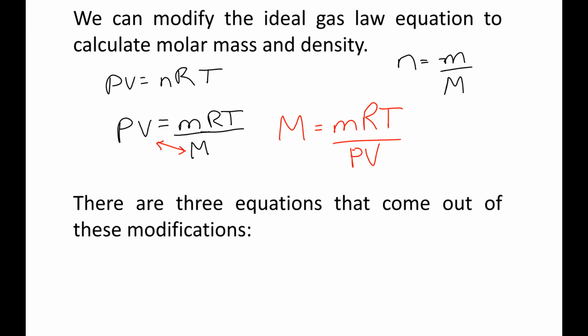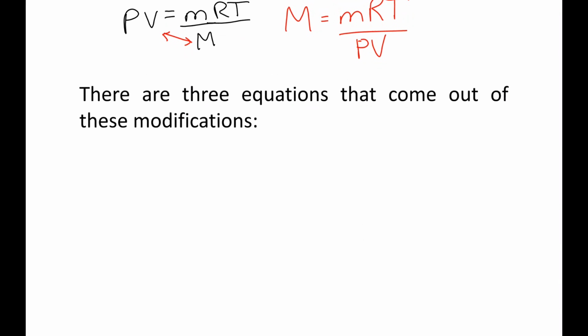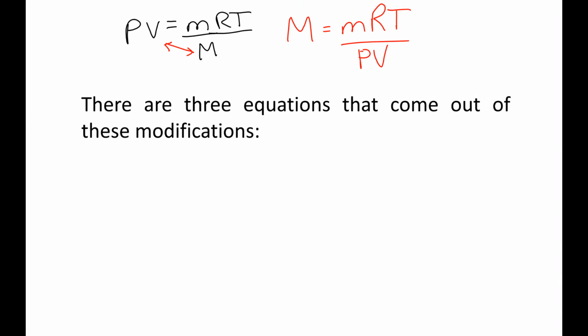Now, after all is said and done, because I'm not going to show you how to move around the things anymore, there are three equations that come out of these modifications. So let me move this up here. We have one of them. The first one, of course, is M equals little m RT over PV.